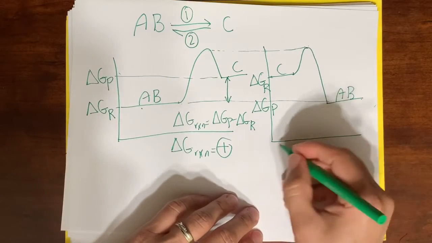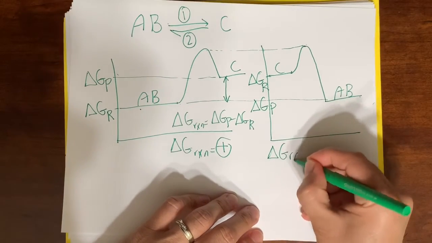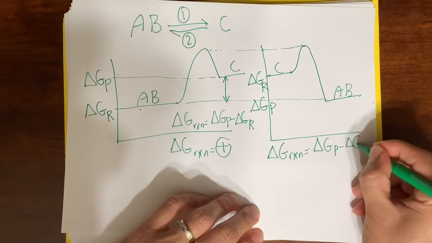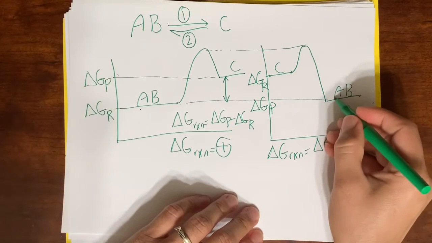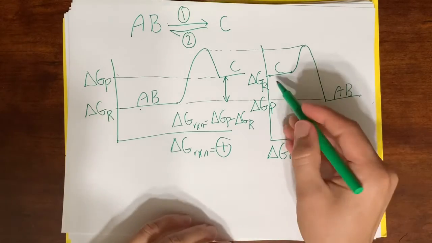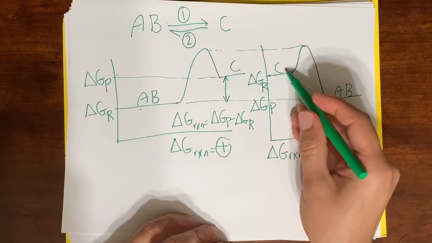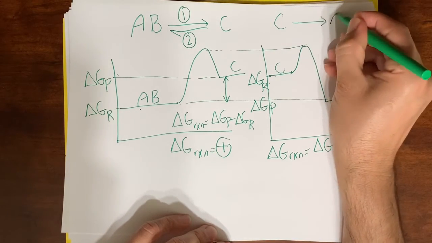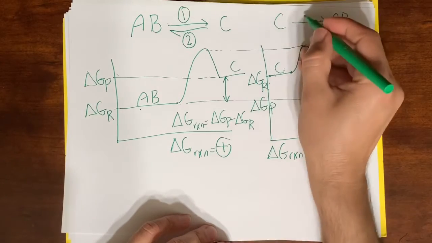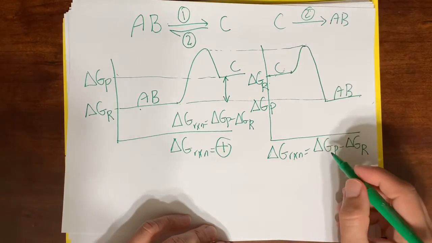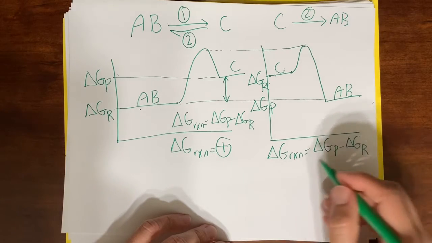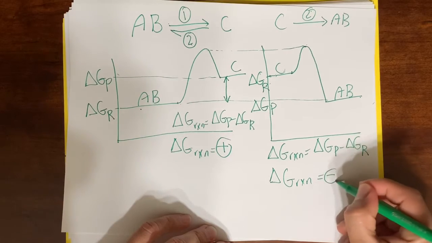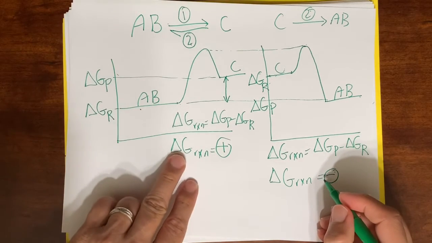If you subtract delta G of the product minus delta G of the reactant, it will be a negative number. It's negative and equal to the first one.